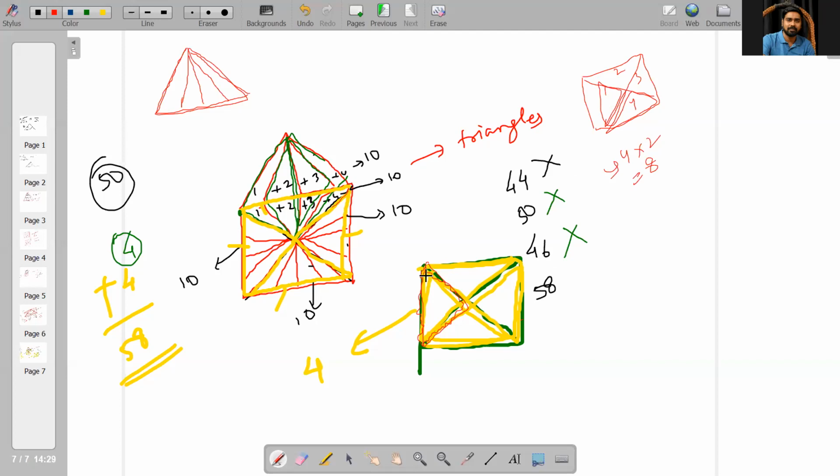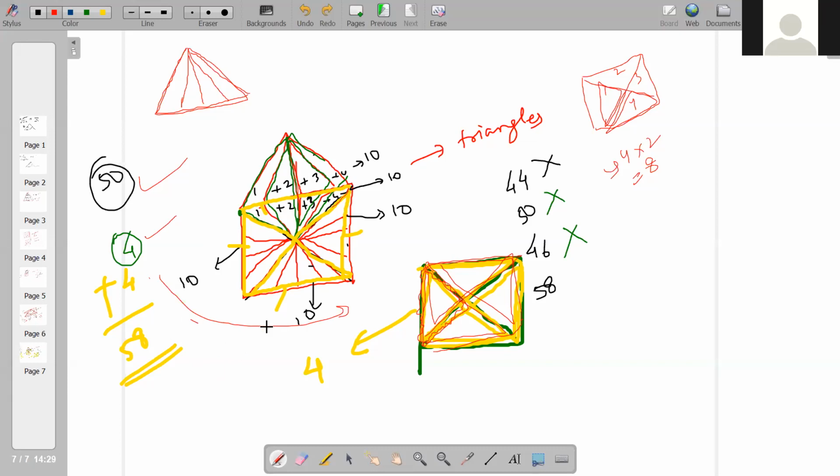Got it? 1, 2, then upper base, 3, then 4. So 50 triangles you got from the plain figure, 4 extra you got from this, and 4 extra you got from this. So yeah, 58. Take a screenshot if you'd like.